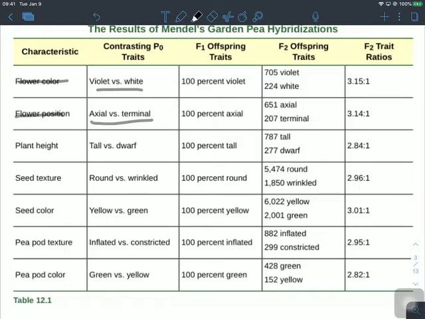We know that the F1 offspring are 100% violet and 100% axial in these 2 different traits. I won't read through all of the traits, but you basically get an idea that the F1 is where you're going to be determining dominant and recessive. And then you see the reemergence of the recessive phenotype in our F2 offspring.